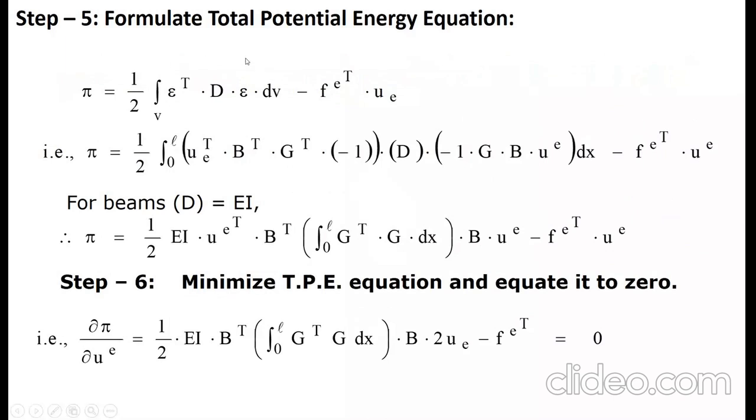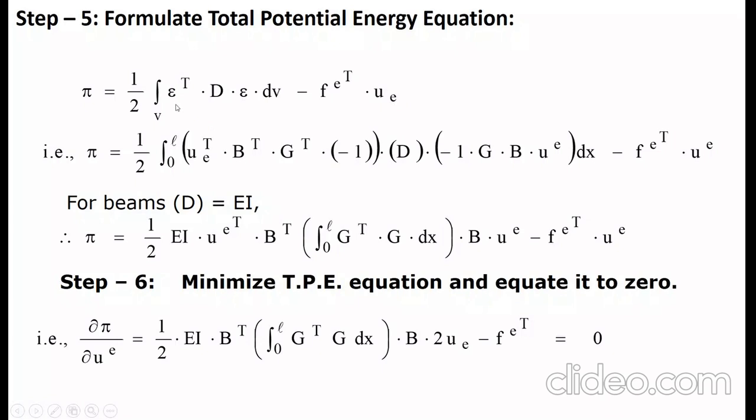Now formulating the equations based on the total potential energy equation. So this is the general form of the equation. Potential energy equals integral of strain transverse, D, strain dV, minus force vector into displacement vector.